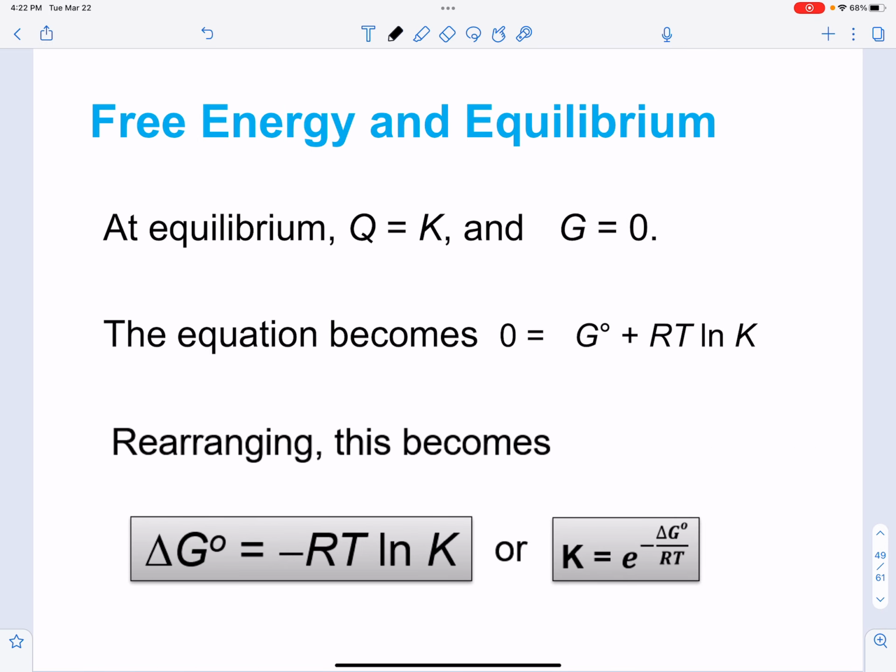Gibbs free energy at standard condition is the same as minus RT ln K.